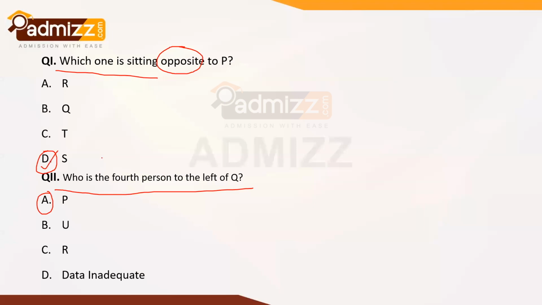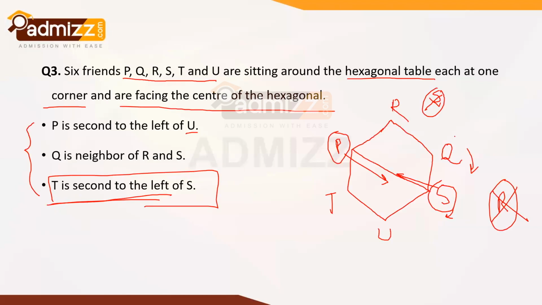Now, who is the fourth person to the left of Q is what is asked in the second problem. So take a look at this. We've got Q, and since Q is facing towards the center, left of Q will be in the direction pointed by this arrow, this downward direction of Q. The fourth person from Q: S is the first person, U is the second person, T is the third person, and P is the fourth person.